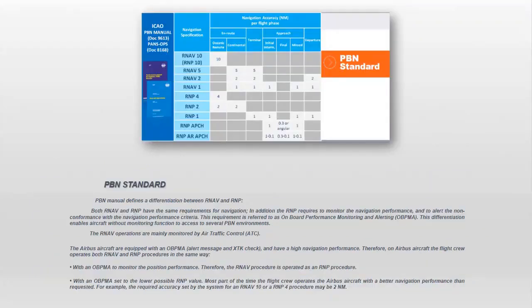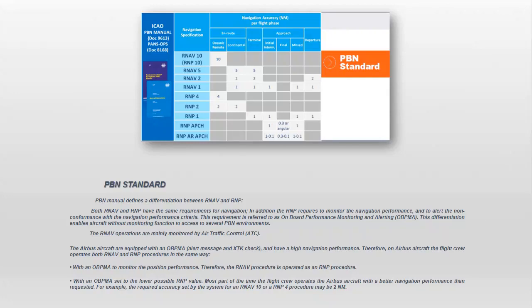PBN standard. The PBN manual defines a differentiation between RNAV and RNP. Both RNAV and RNP have the same requirements for navigation. In addition, the RNP requires to monitor the navigation performance, and to alert the non-conformance with the navigation performance criteria. This requirement is referred to as onboard performance monitoring and alerting.